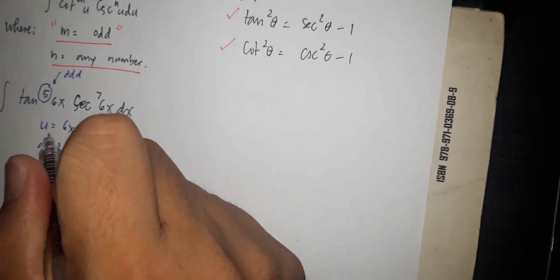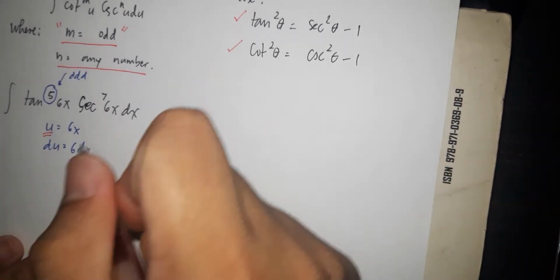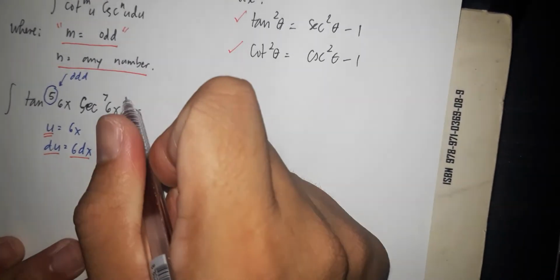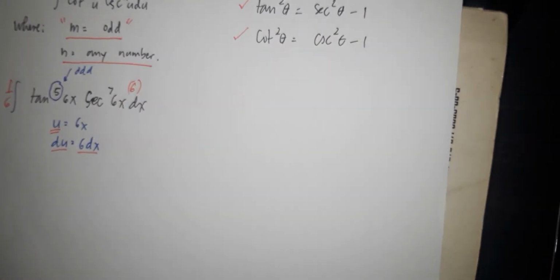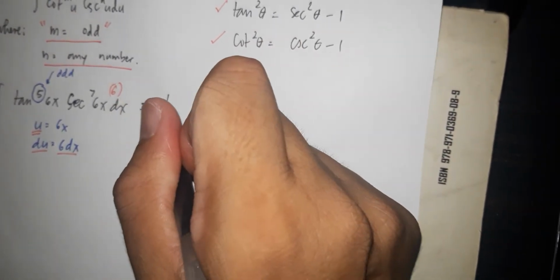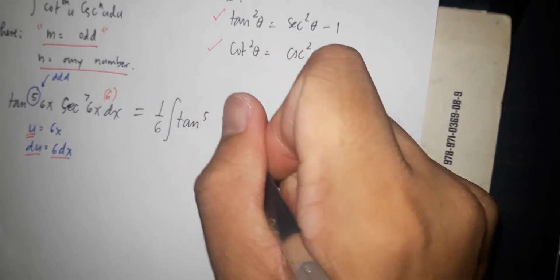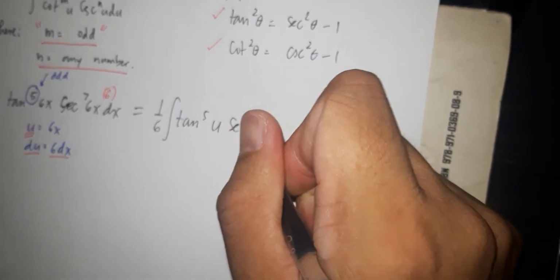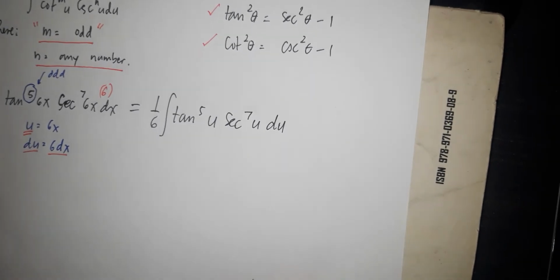So, gawin natin mas simpler. I have here u is 6x, ang du ay 6 dx. So, magpo-provide ako ng 6, magpo-provide ako ng 1 over 6. So, your given now becomes 1 over 6 integral of tangent to the 5 of u secant to the 7 of u du. So, that will be our given.